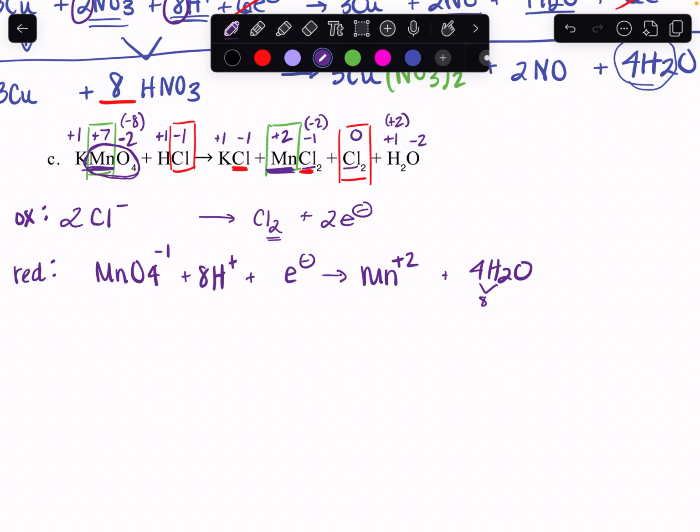The question is, how many, right? So ideally, I'd really like this whole reactant side of the equation to be equal to the charge of my reduced species. So the charge right now, wait, have I been calling it the opposite the whole time?